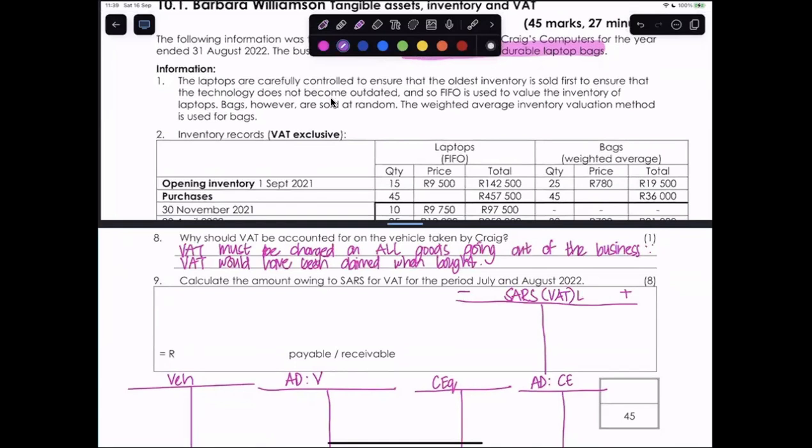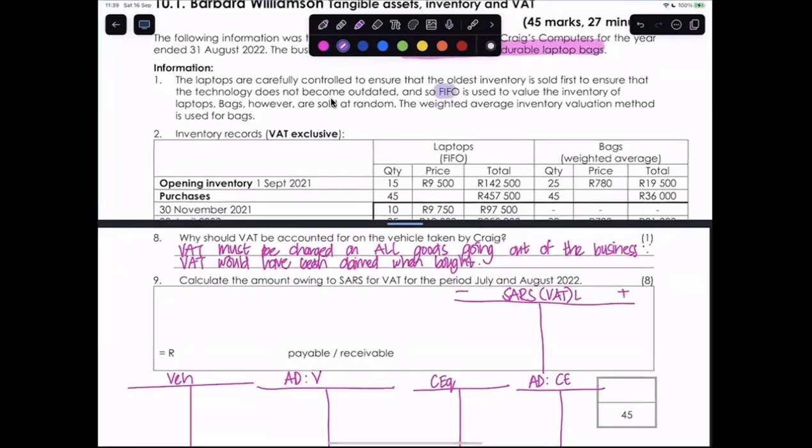The laptops are carefully controlled to ensure that the oldest inventory is sold first, to ensure that the technology does not become outdated. And so FIFO is used to value the inventory of laptops. Bags, however, are sold at random, and the weighted average inventory valuation method is used for bags.